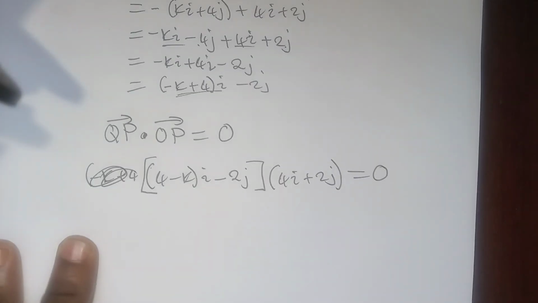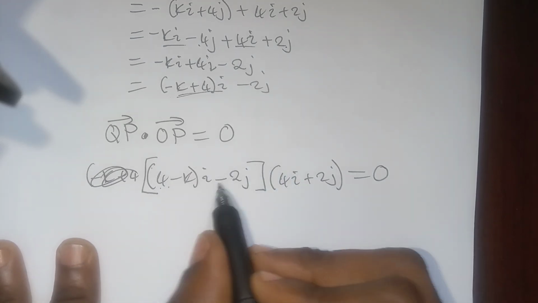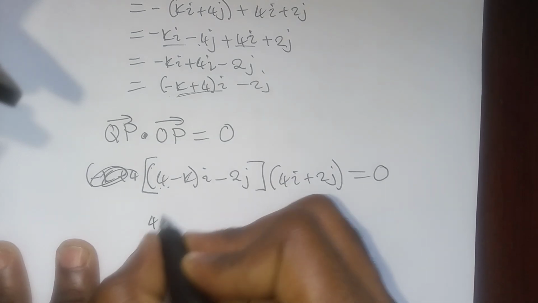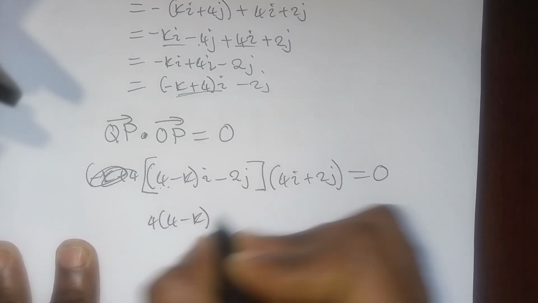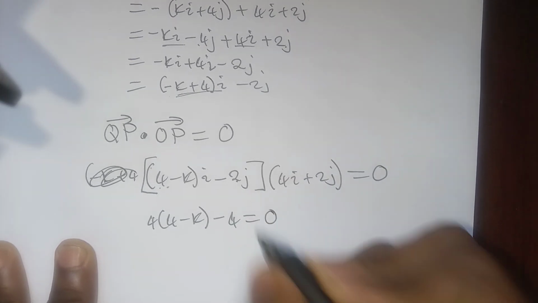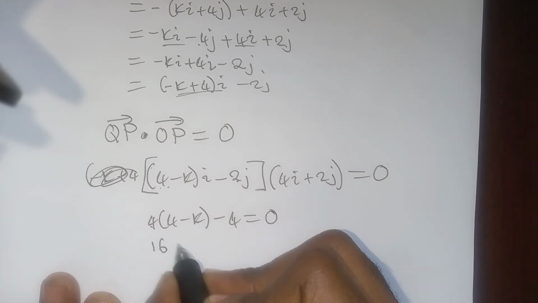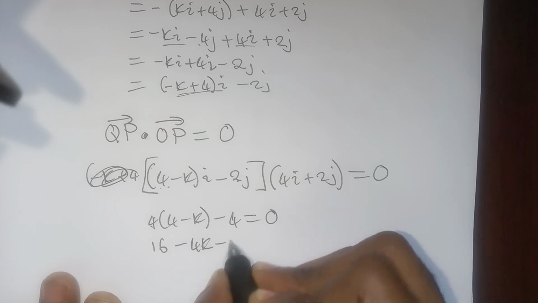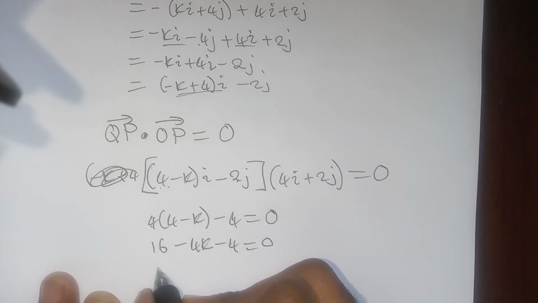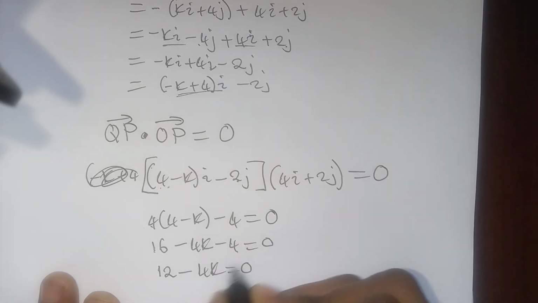Remember, when you are multiplying vectors, you multiply the i's by the i's, the j's by the j's. So this by this, we have 4(4 - k), and then this by this, we have -4. Then we can expand: this will be 16 - 4k - 4 = 0. Then 16 - 4 is 12, so 12 - 4k = 0.